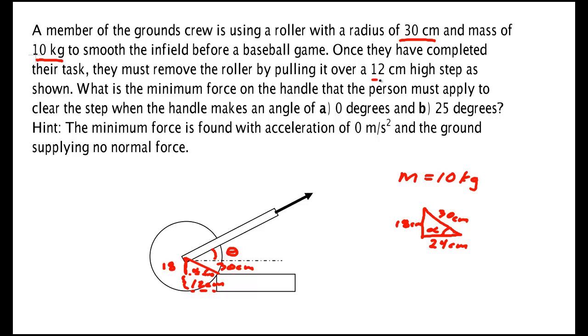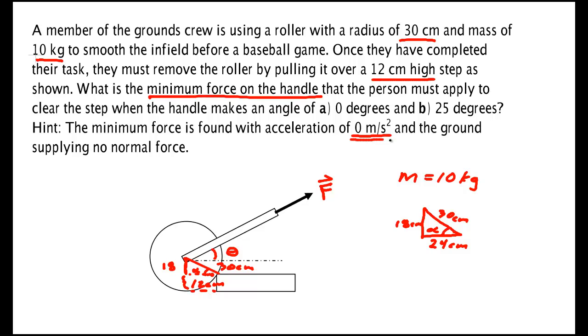So I've already put the 12 centimeter high step in. It says, what is the minimum force on the handle a person must apply to clear the step when the handle makes angles of 0 and 25 degrees? So we'll do the first one for 0. The minimum force is found when the acceleration is 0 meters per second squared.